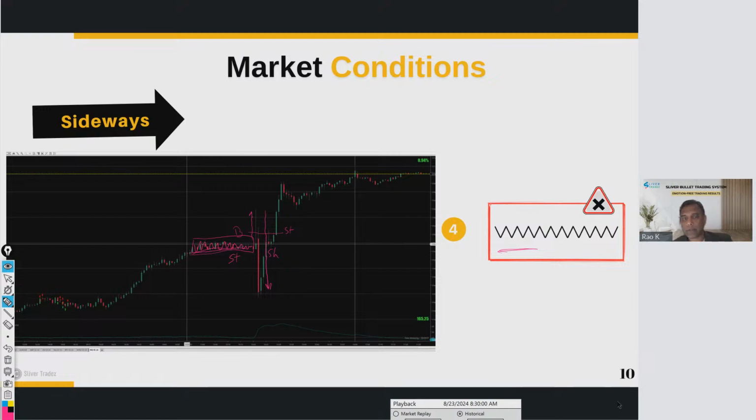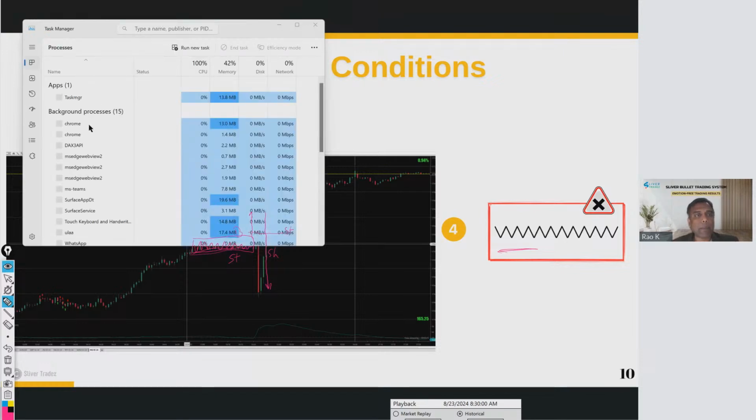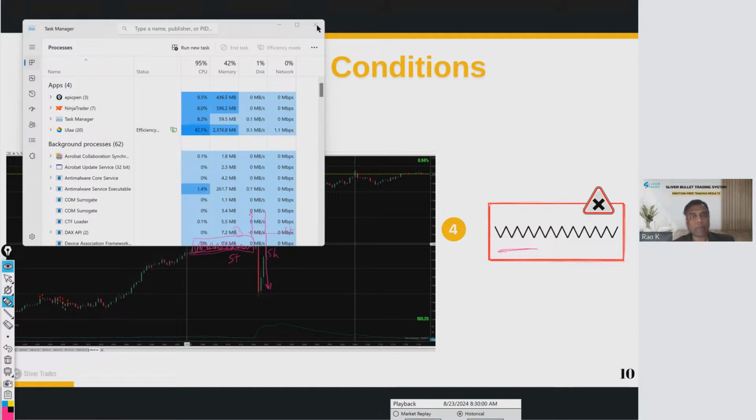It just doesn't move. Let me close it. Suddenly something happened.